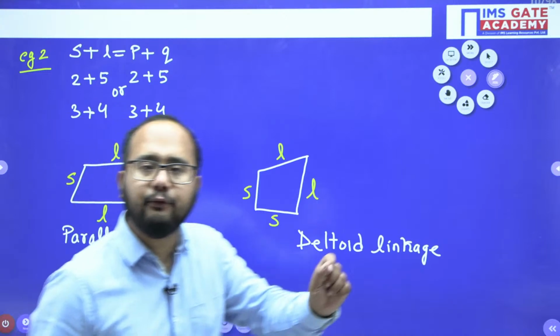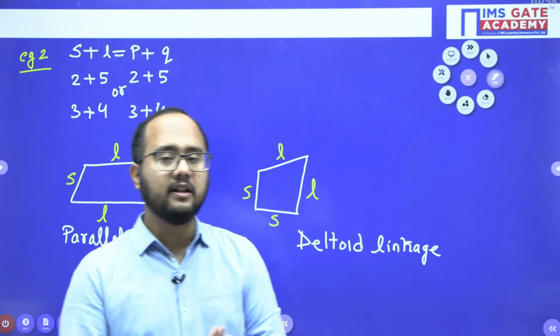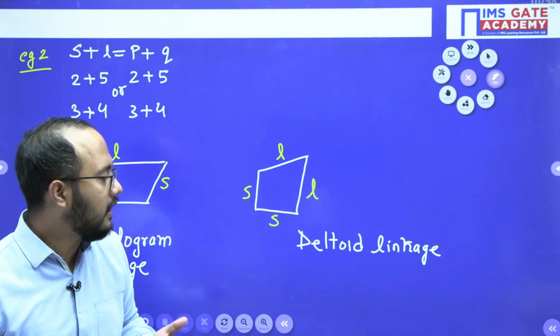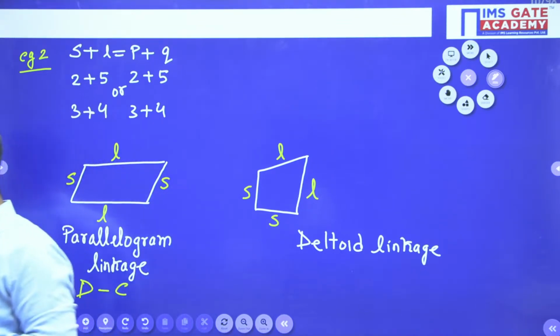Now what will happen in the deltoid linkage if smallest is fixed? Quickly tell me, fast, guys.